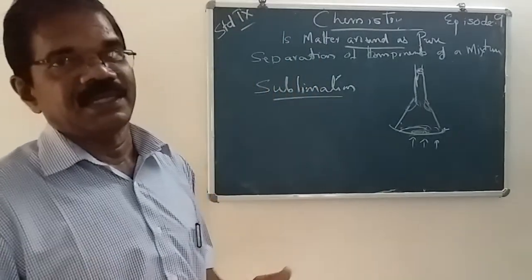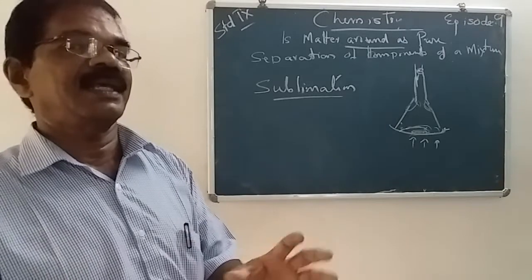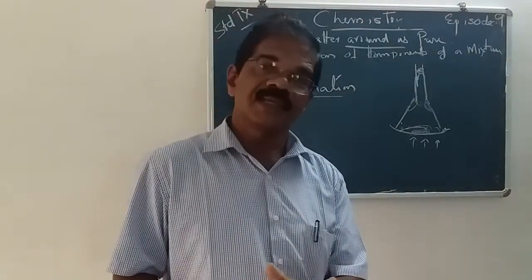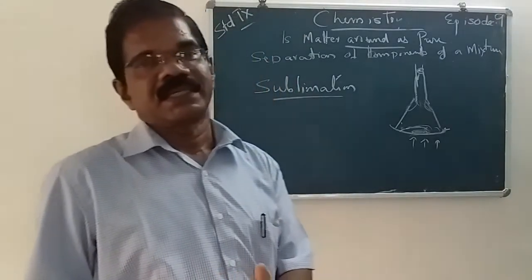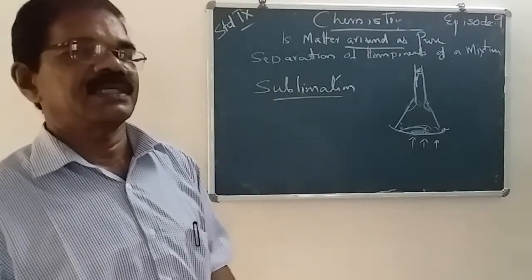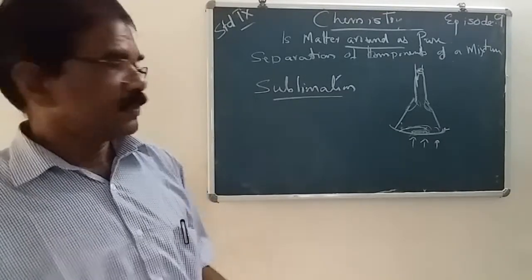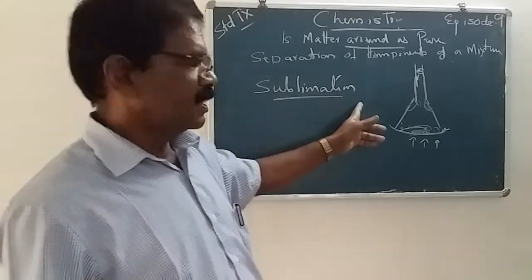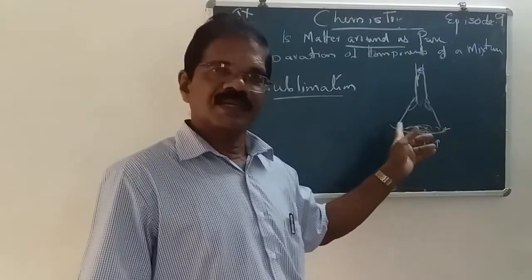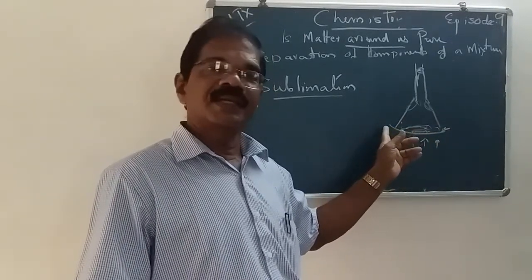Sublimation means on heating, the solid substance is directly converted to the gaseous state. Similarly, on cooling, the gaseous substance is directly converted to the solid state. It does not undergo the liquid state. So this process is used for substances which have the property of sublimation, such as camphor and ammonium chloride.